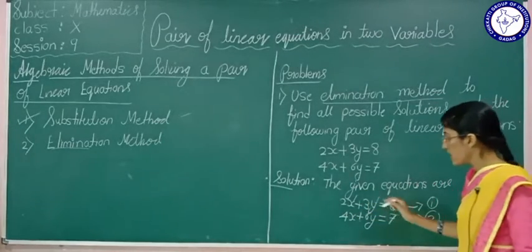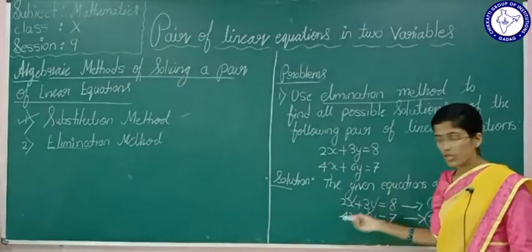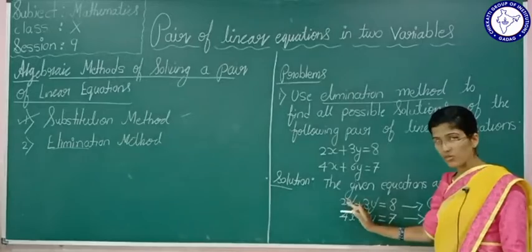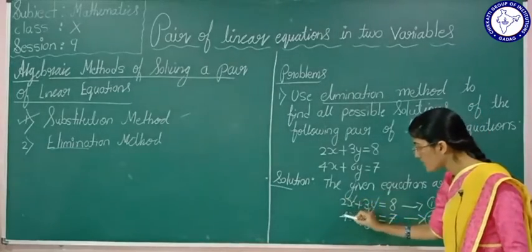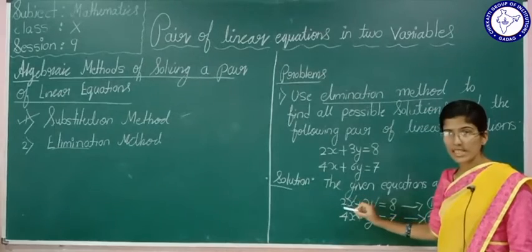See here, if you want to eliminate x, eliminate means to remove. If you want to remove x from here, their coefficients should be the same. Understand my point clearly.